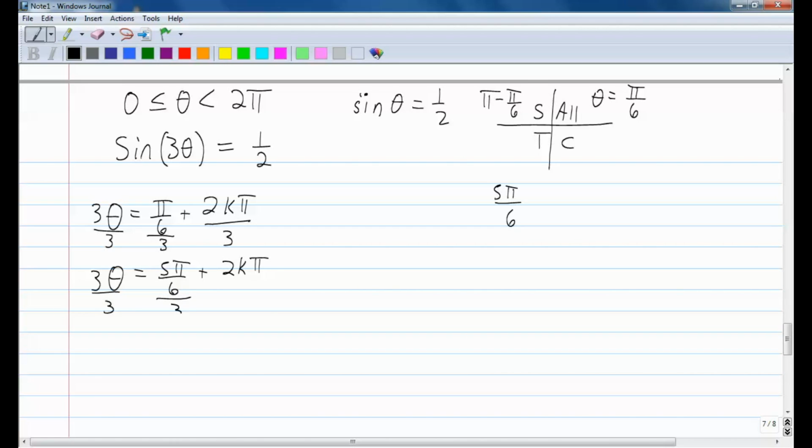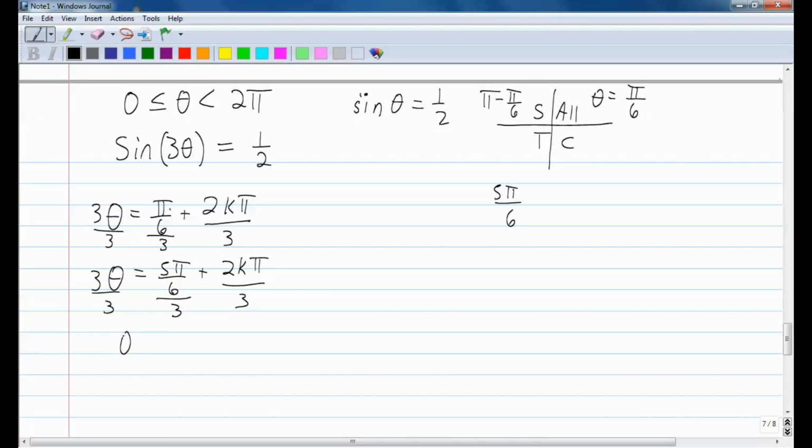Now dividing by 3 is the same as multiplying by 1/3. So don't do something crazy here like say 6 divided by 3. That would be wrong. You say pi over 6 times 1/3. 5 pi over 6 times 1/3. Because remember, you flip and multiply. You can think about this like it has a denominator of 1 on the bottom.